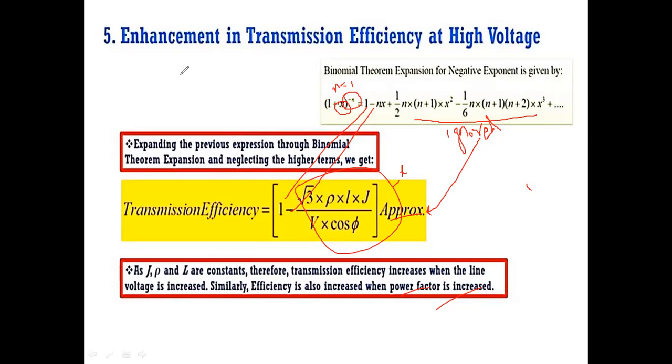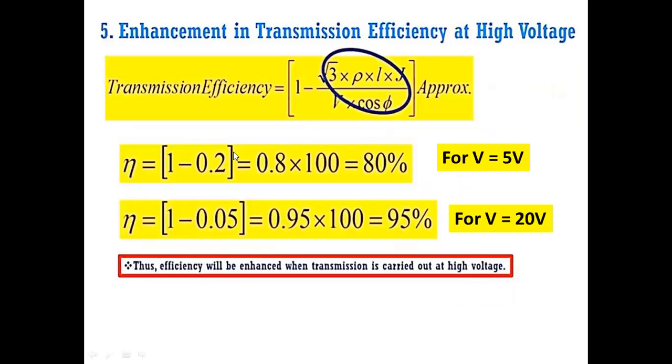Now, how is the efficiency enhanced by the high voltage? For this purpose, we need to take a real-time example so that it is more clear to you people. Let us consider the rest of the variables as constant.